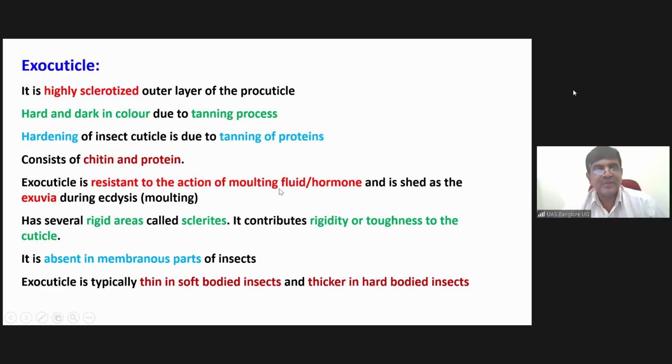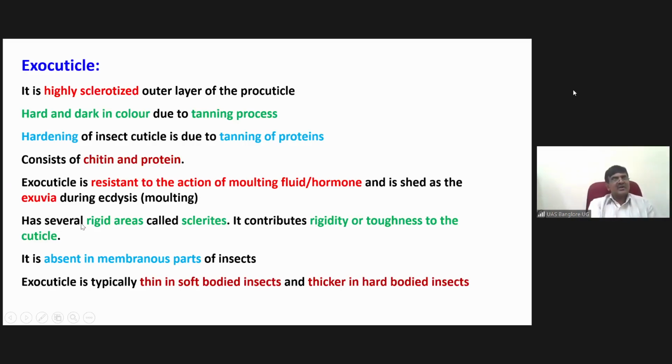In the next class, you will be studying the function of this molting fluid, so you'll come to know the details then. The exocuticle is resistant to the action of molting fluid, and it is shed as exuvia during ecdysis, the process of molting. I'll cover these exuvia in detail in the next class when I cover molting.